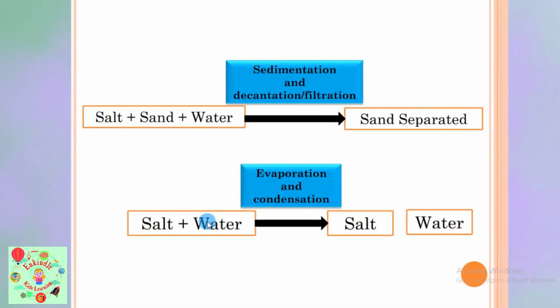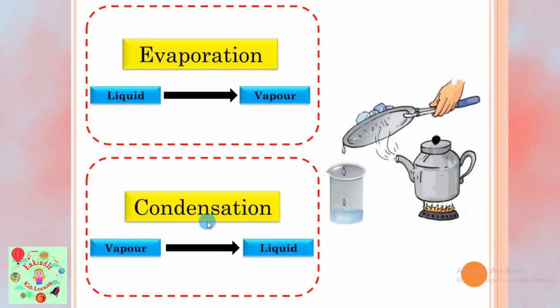First sand is separated by the process of sedimentation and decantation or filtration. Later, salt is separated from water using the process of evaporation and condensation. Evaporation is a process of conversion of liquid to vapor, whereas condensation is a process of conversion of vapor to liquid.